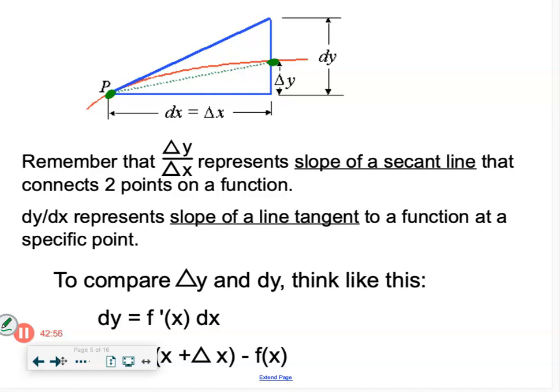Since delta y over delta x represents slope, what we have found in math is that as long as the error is pretty small, we can use dy as an approximation for delta y. Delta y is the true difference, but dy is an approximation of the difference using the slope of the tangent instead of the slope of the secant.